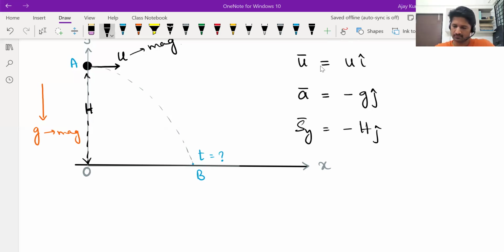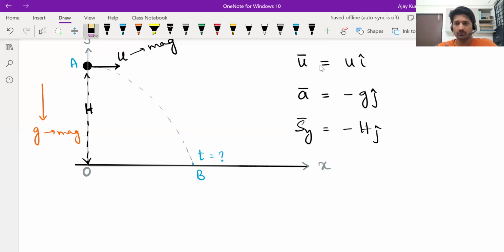Sir, is it s is equal to ut plus half at square? Okay, that's one of the equations involving time. What is the other equation of kinematics which involves time? v is equal to u plus at. v is equal to u plus at, correct. We don't know the final velocity here, so we can't use v is equal to u plus at. So we are only left with the option s is equal to ut plus half at square.